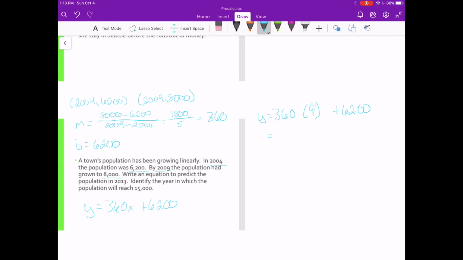So 360 times 9 is 3,240 plus 6,200. So the population is going to be 9,440 people.